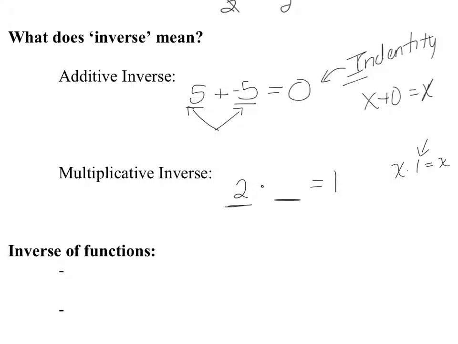So the multiplicative inverse is basically division, or you flip it. These two multiply together to equal 1. That's the multiplicative inverse. It kind of unwinds it. The two put together get you back to the identity.